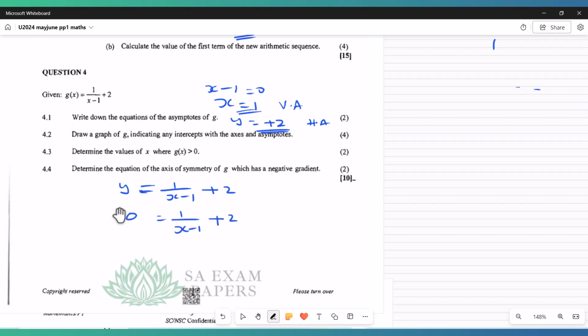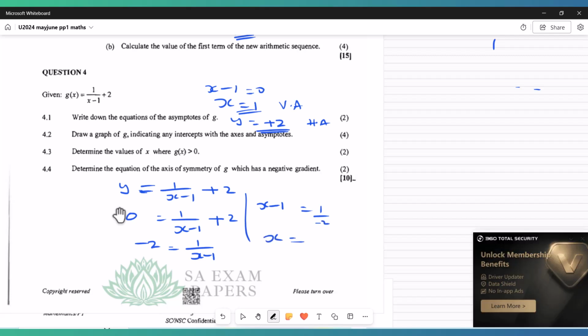The 2 becomes negative on this side, so negative 2 equals 1 over (x minus 1). So x minus 1 equals 1 over negative 2.